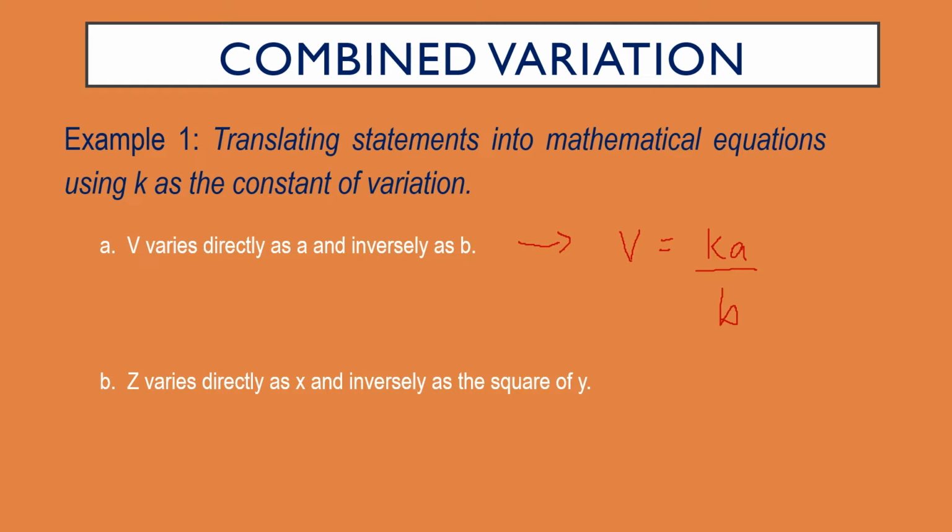Another example, z varies directly as x and inversely as the square of y. In mathematical equation, that is written as z is equal to kx over the square of y, or y squared.